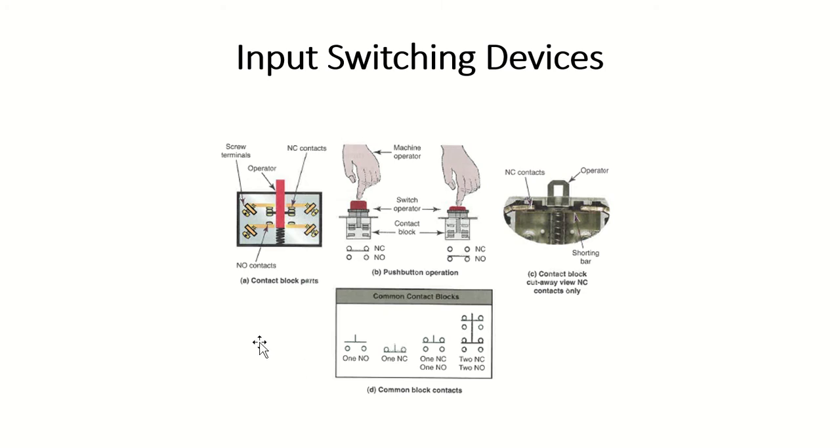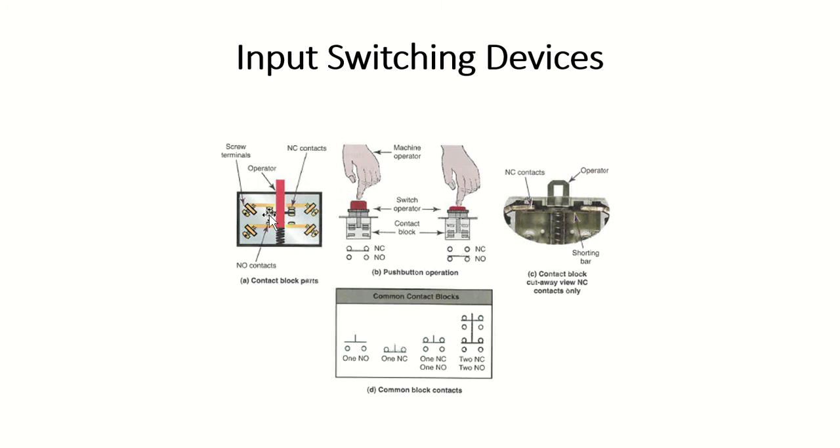And something else you may want to ask is, do I have the correct operator to make these contact blocks work? So you can see this would be what looks like a momentary push button. I can tell because of this spring release inside of here. When that operator is pressed down, you can see the continuity path.